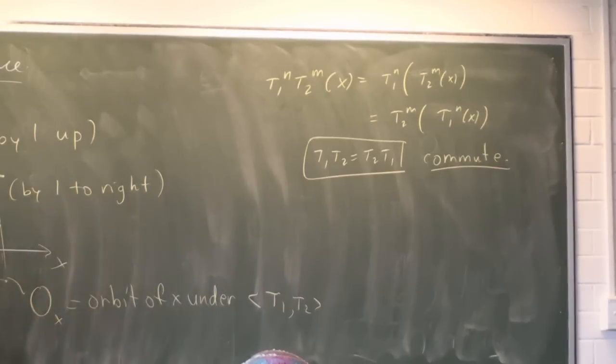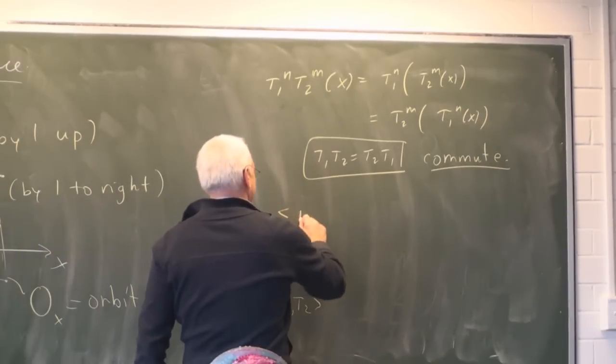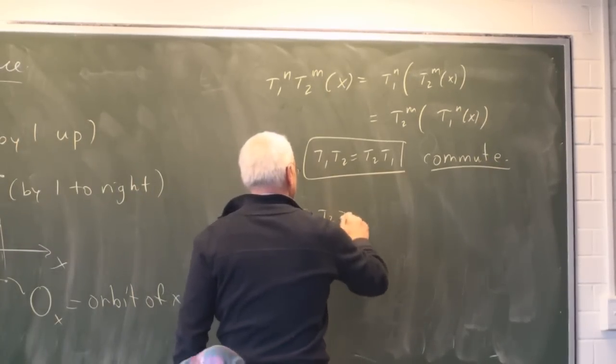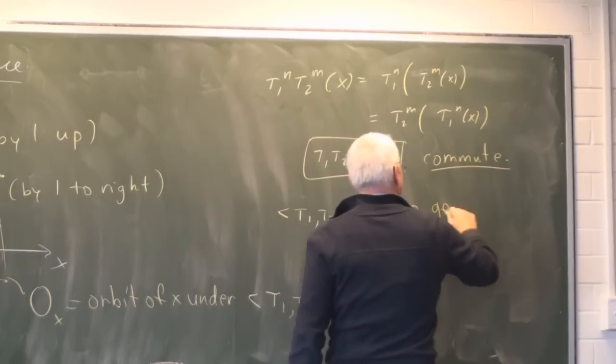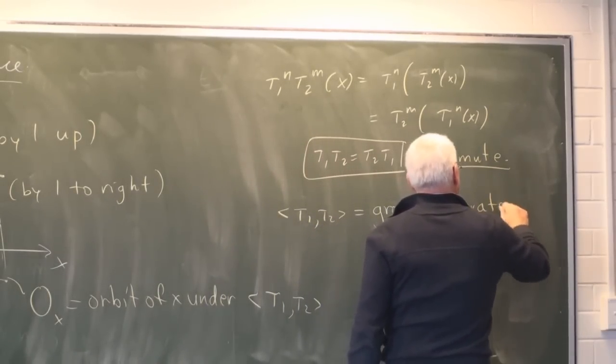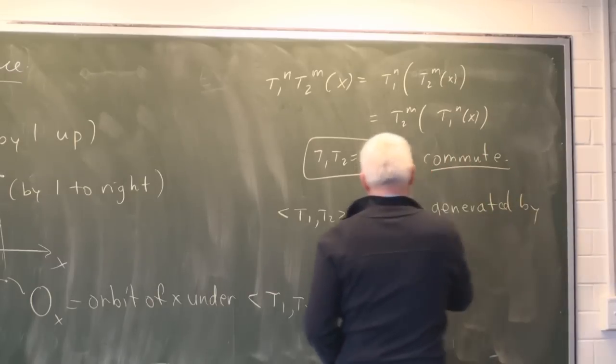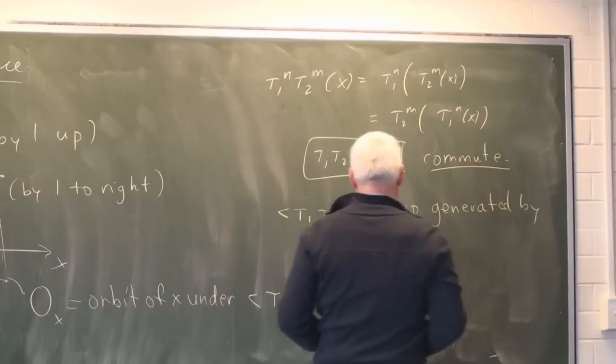So the group generated by them is group tau 1, tau 2. I guess this is the group generated by tau 1 and tau 2.